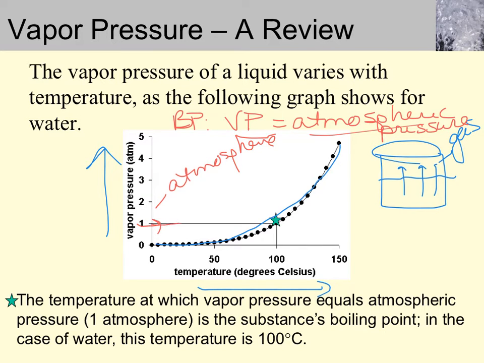And where does that intersect with the vapor pressure curve? At 100 degrees. So obviously this graph is of water because the normal boiling point of water is 100 degrees. So that's the definition of boiling point. So anytime the vapor pressure changes, you have an effect on boiling point also.